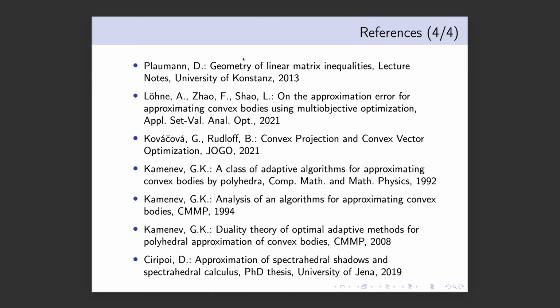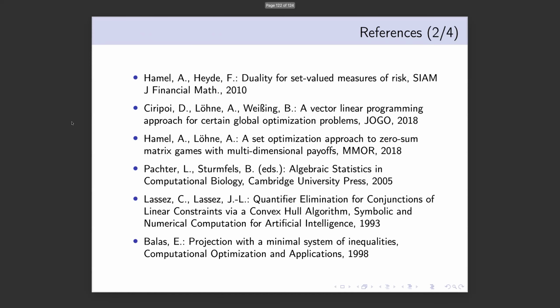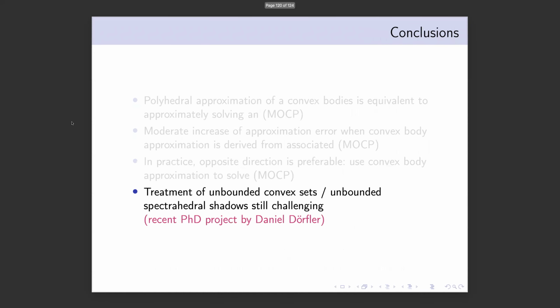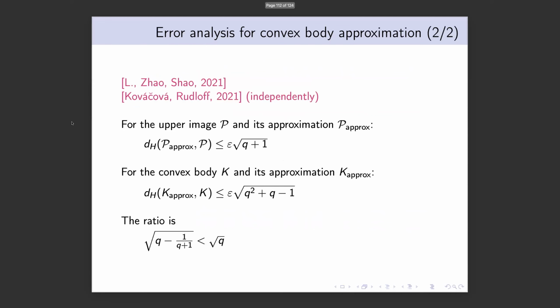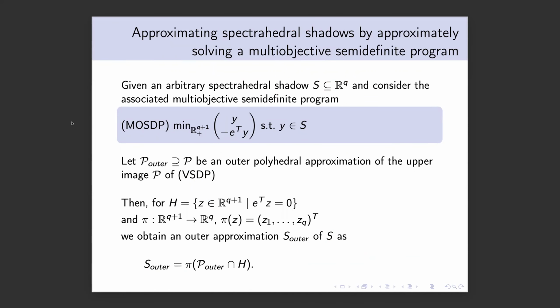But in the case of spectrahedral shadows and multi-objective semi-definite programming, these sets are not polyhedral. So you can have, say, an infinite number of vertices and so on. So I just wanted to understand a bit, what does it mean to actually solve this problem?